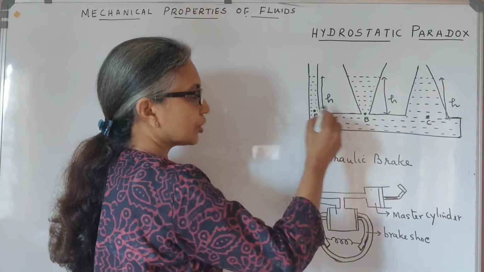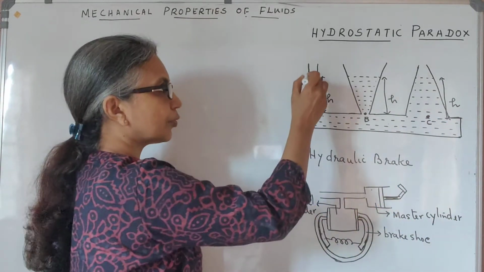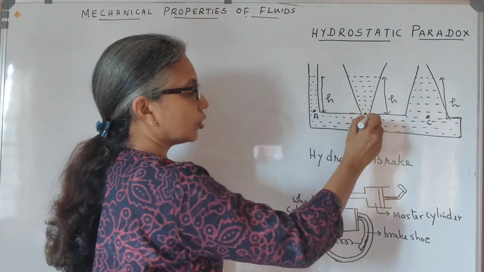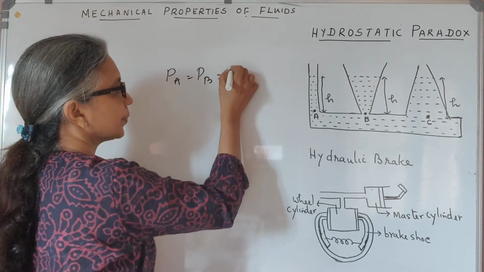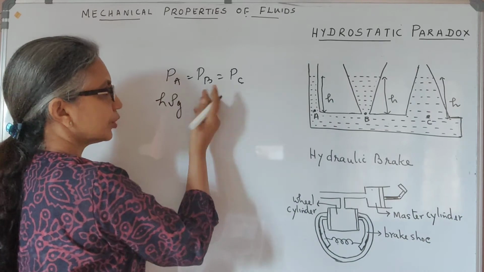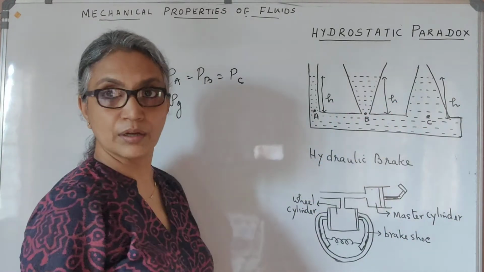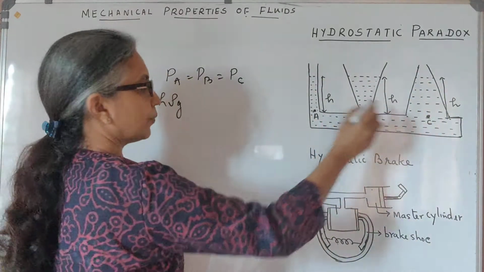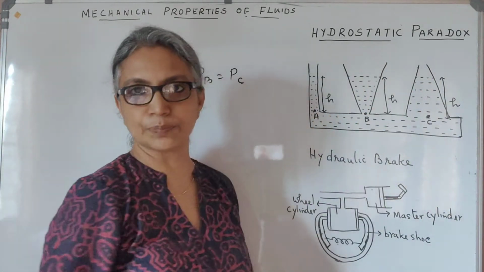But if you take the pressure at three points, A, B and C, which are at the same depth from the fluid surface, you will see that the pressure PA must be equal to PB, must be equal to PC, because the pressure is h rho g, which is the same in all the three cases since rho is the same, a continuous fluid. So the pressure at these points simply depends on the height of the fluid column above that point.